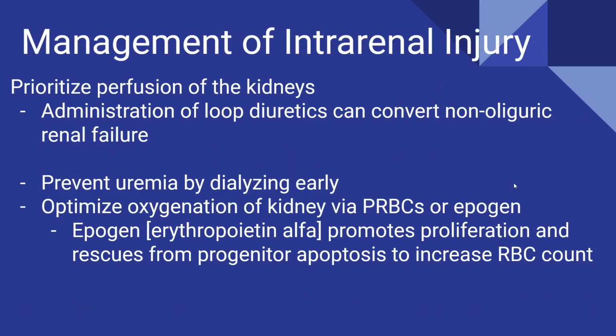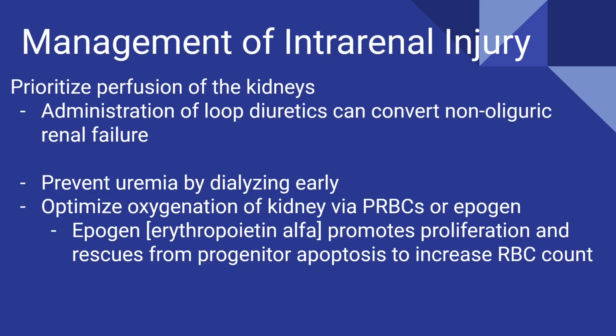So what do we do to potentially improve intrarenal failure? We really want to promote the perfusion. We want to make sure that those nephrons are not dying and that we've already resolved pre-renal failure. Something we can do to help coax the kidneys along is to dialyze them early, so give them less to work with.